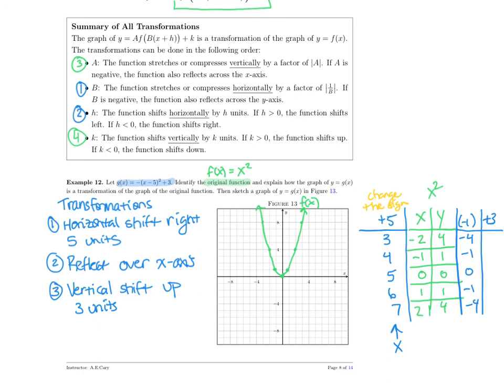And then if I add 3 to each of these, that will be -1, that'll be 2, 3, 2, -1. So this one over here, all the way to the right, is going to be my new y values. So again, you can either count that or you can use this transformations table. You're going to see me using that a lot, and it's in all my answer keys. So this just kind of helps me say, hey, this is what's going on.